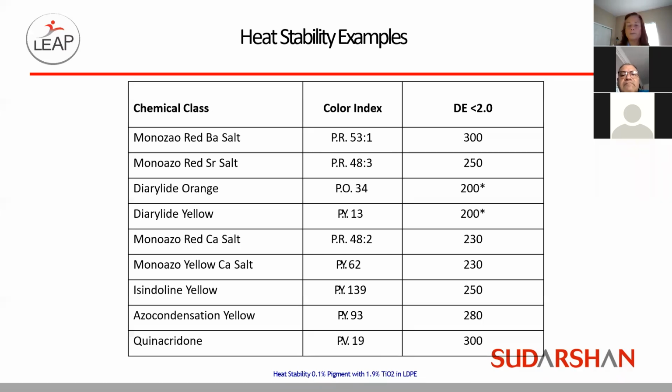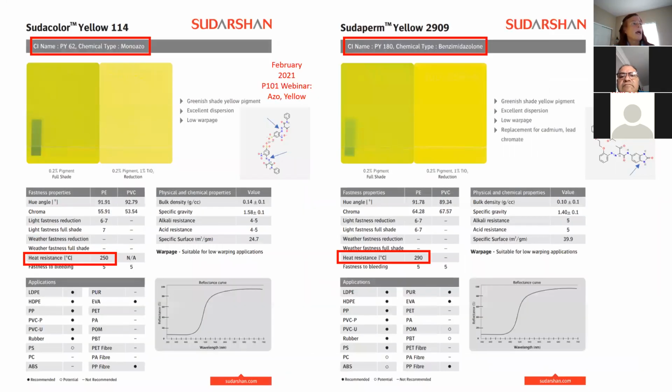for your application. And just to continue that comparison between a classical and a high performance pigment, here we have a Yellow 62 on the left-hand side and a Yellow 180 on the right-hand side. We discussed each of these in previous webinars, and I make notation here in the slide as well.